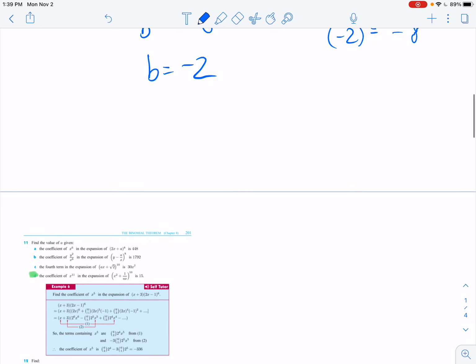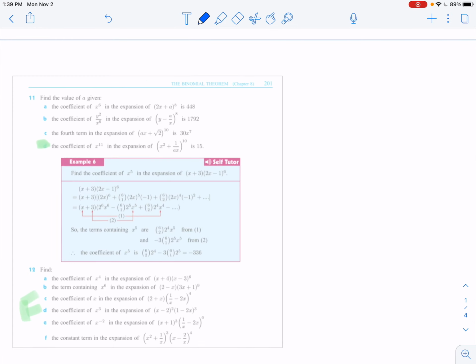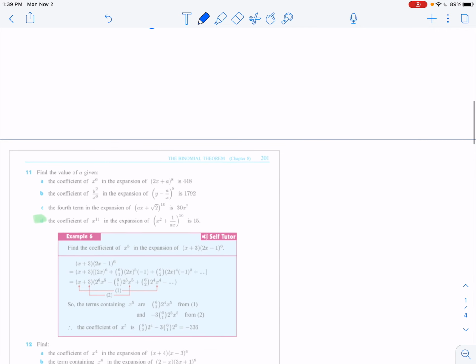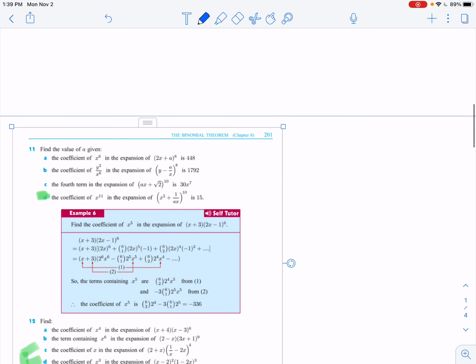All right, the next question somebody had was about number 11, part D, and number 12, part F. I couldn't highlight it, anyway. So the coefficient of x to the 11th in the expansion. This is where I would do the little boxes and triangles. Find a.